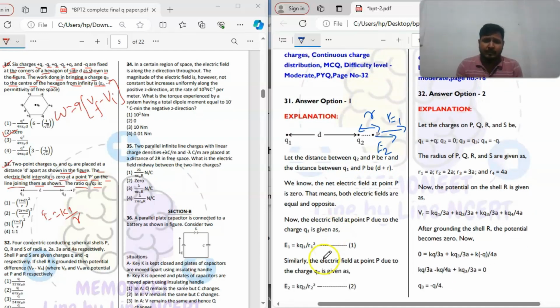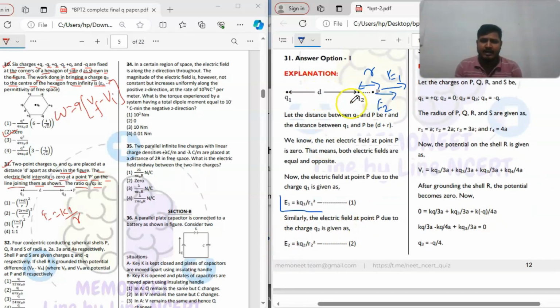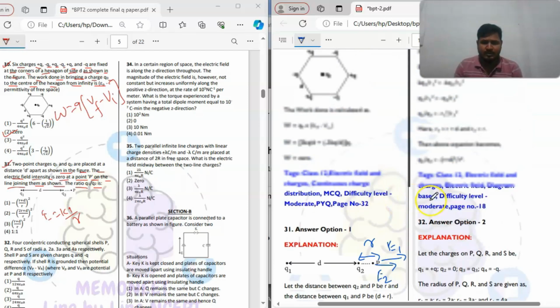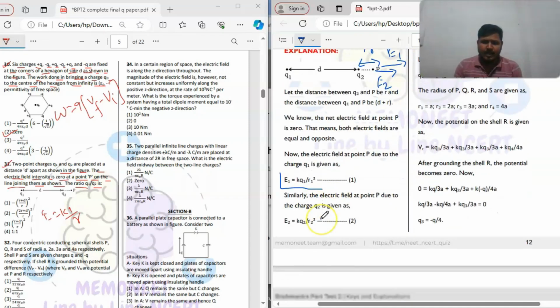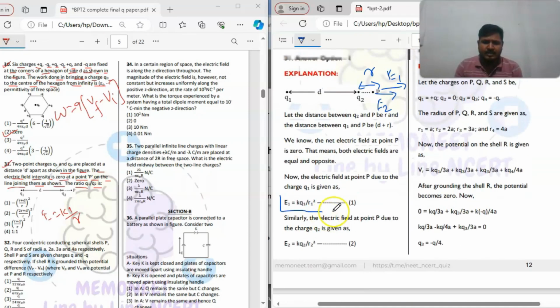Okay, so now we have to find the electric field due to point charge q1 at P. So this is K q1 by r1 square. And what is r1? R1 is equal to d plus r by 2, d plus r. Okay. Now what is r2? R2 is the distance between charge q2 and this point.